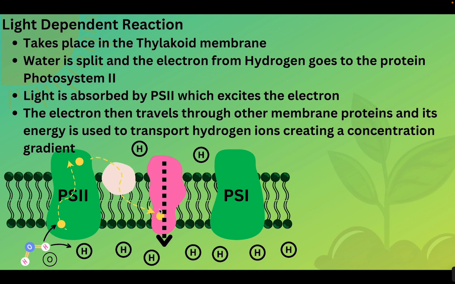Then the electron is going to travel through some other membrane proteins that we have in this thylakoid membrane. As it's going through these proteins, its energy is going to be used to transport more hydrogen ions into the thylakoid, creating what we call a concentration gradient, because we're getting the hydrogen from these waters and we're pushing more hydrogens in, and we're building up a high concentration of hydrogen ions inside the thylakoid, as opposed to outside where there should be a lower concentration.